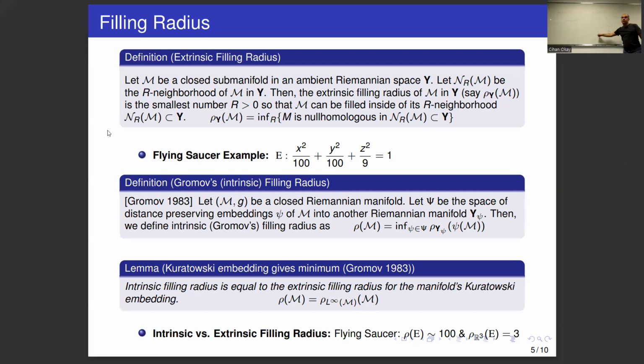Any x here goes to a function from X to R. So y goes to the distance d(x,y). And this is an isometric, distance preserving embedding, and this is always the best one you can get. No matter what, the Kuratowski embedding will beat all other embeddings. So you can say Gromov's filling radius is the same thing as the extrinsic filling radius in L infinity of X. It's the same thing.